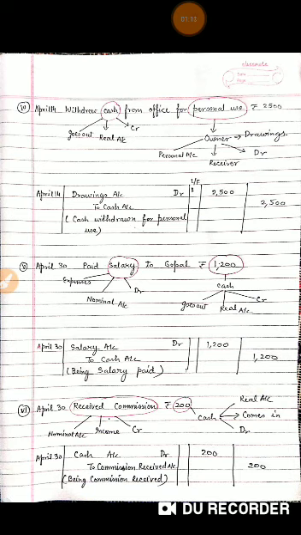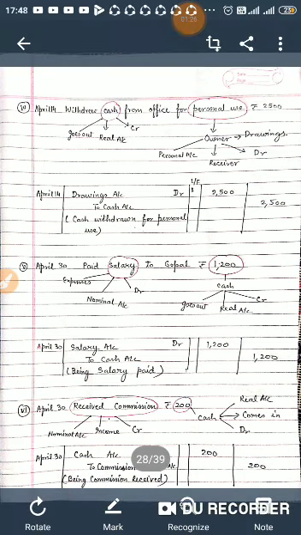Real account is related to assets, and the rule is debit what comes in, credit what goes out. Nominal account is related to expenses, losses, and income of the business, and the rule is debit all expenses and losses, credit all income and gains.